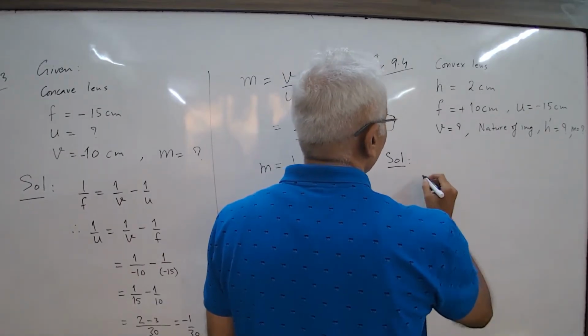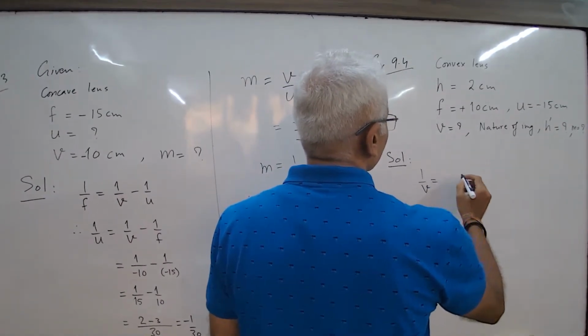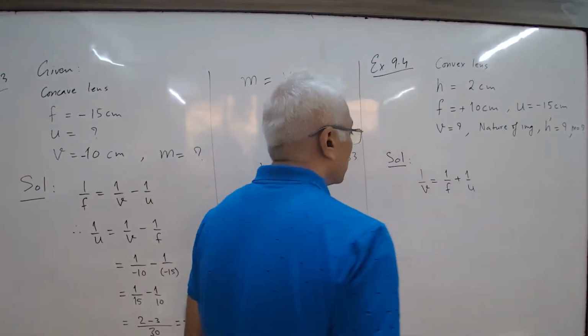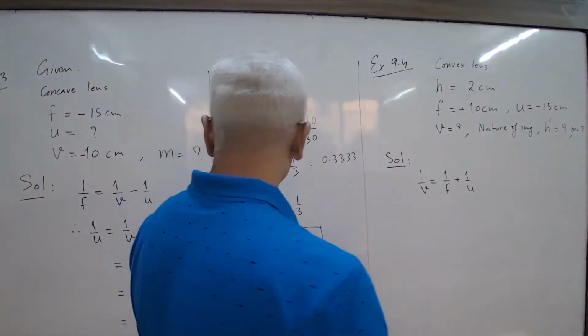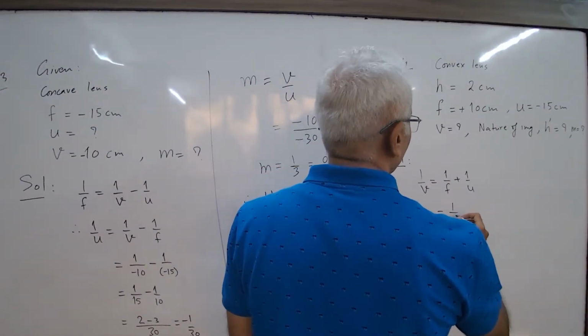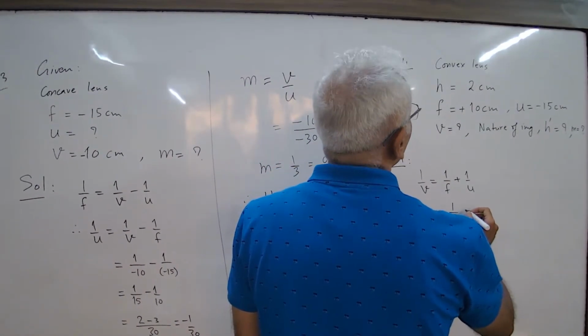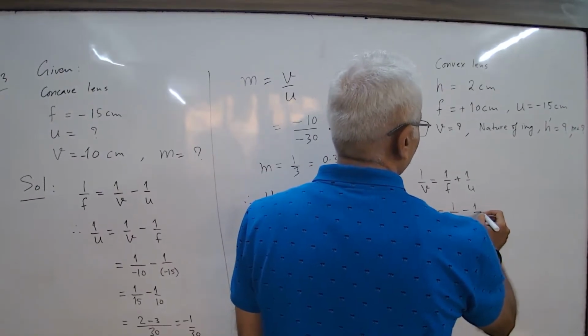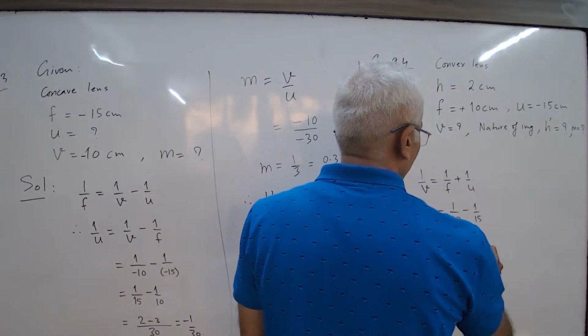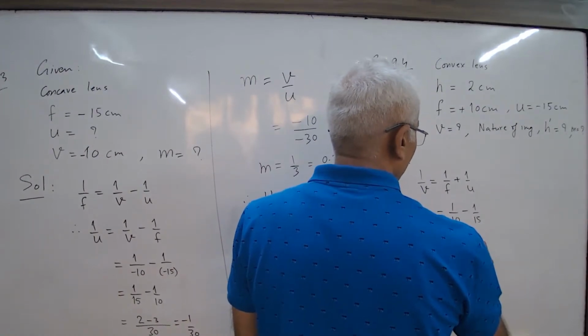So what is V? 1 by V will be equal to 1 by F plus 1 by U, right? So this will be 1 by 10 and U is minus.